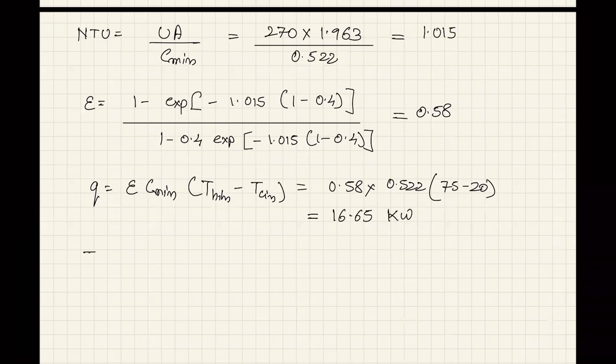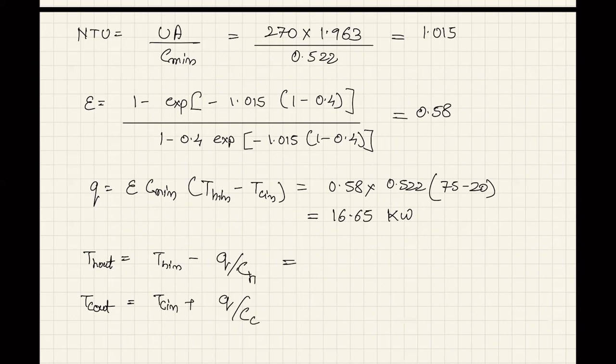Now go for calculating your T_h,out, which is T_h,in minus Q over m_h Cp_h, or rather CH. And T_c,out is T_c,in plus Q over CC.